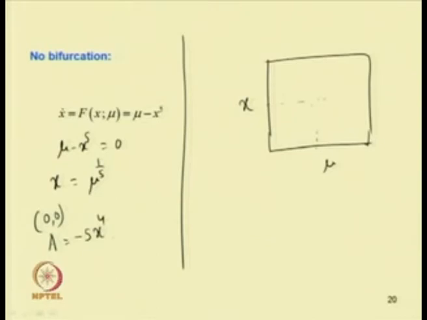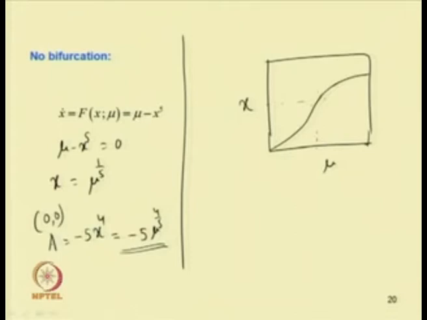By substituting x equal to mu to the power 1 by 5, one can write A equal to minus 5 mu to the power 4 by 5. So, at x equal to 0 and mu equal to 0, this eigenvalue also becomes 0. So, one has a zero eigenvalue. It should have been a static bifurcation point, but if one looks at this response, one can observe that neither is there a change in stability nor a change in the number of branches in the system.